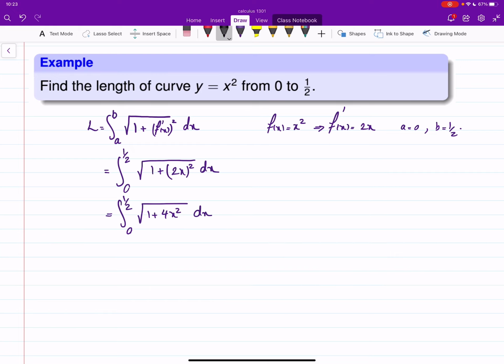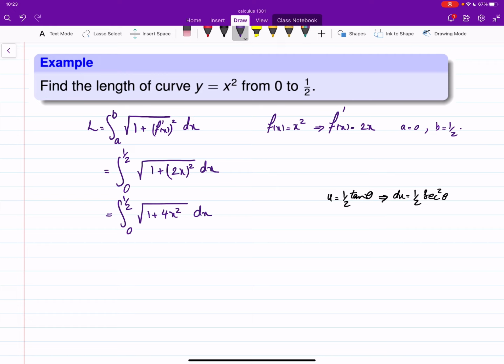Well, if you factor out 4, you get 1 over 4 plus x squared, and that shows us that the trig substitution x equals half of tan theta works here. So I won't factor out that 4 and use just that substitution. dx in this case is going to be half of secant squared theta.